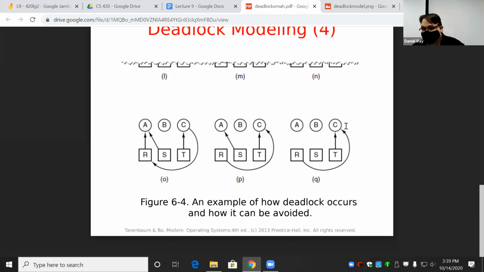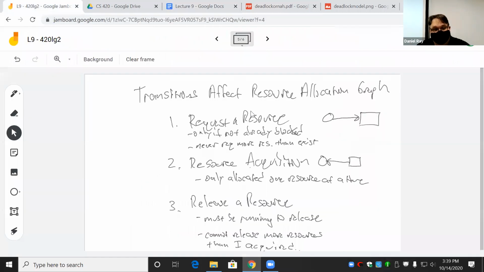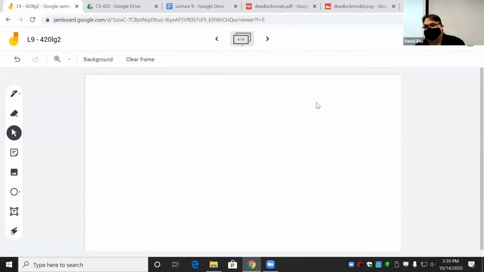Okay? So the question then is, can we, in general, come up with techniques and solutions for surviving the possibility of deadlocks? And that means one of a couple of things.